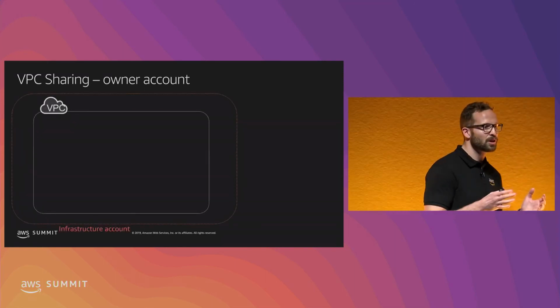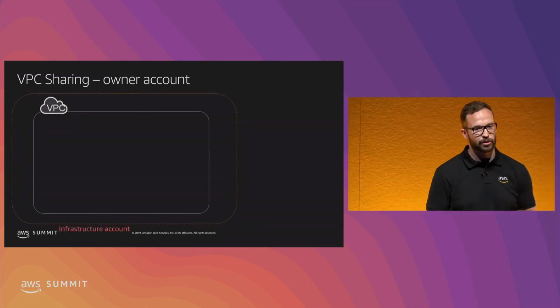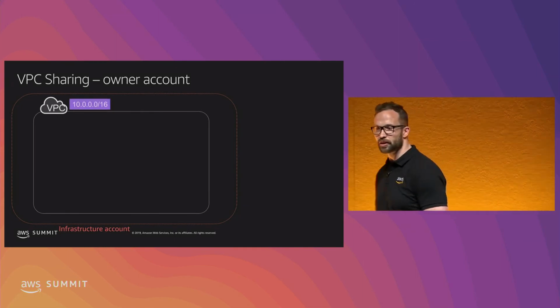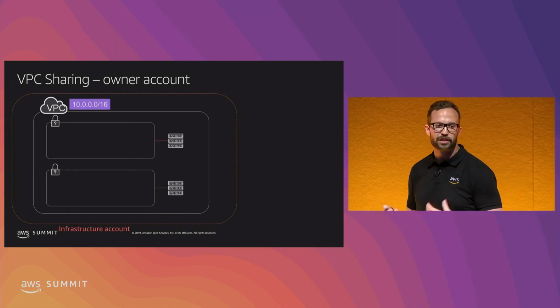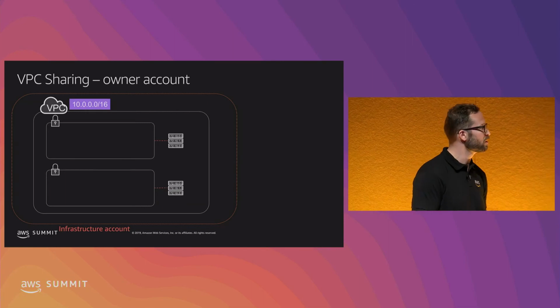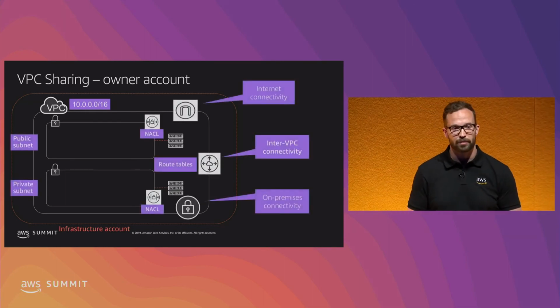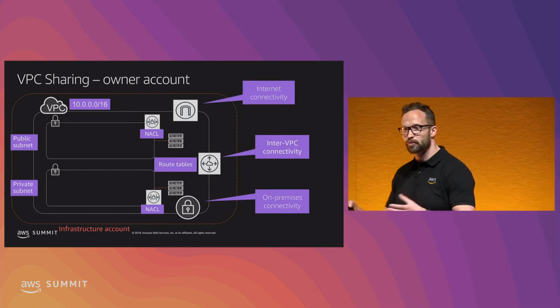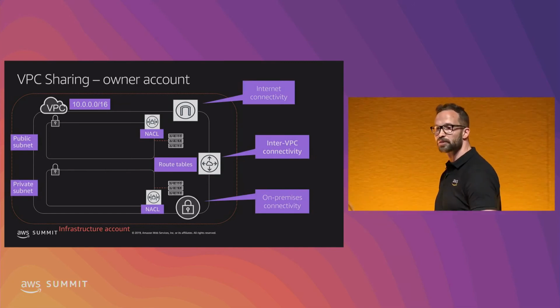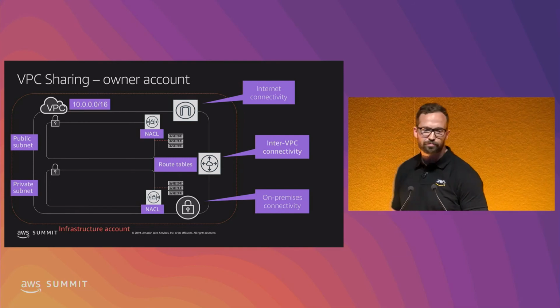They would build all the networking constructs. They would create the VPC, create the CIDR range, create the subnets, set up all the routing, network access control lists, set up all the route tables and connectivity to other environments, exactly the same way as you would with a regular VPC, but it's controlled by that networking or infrastructure team.